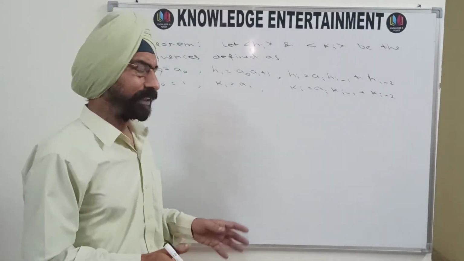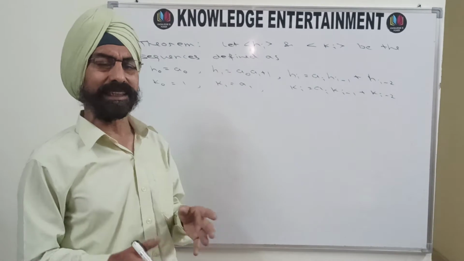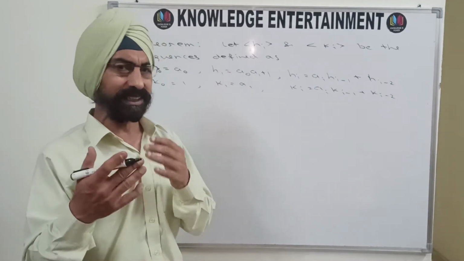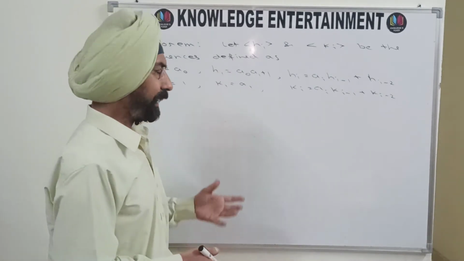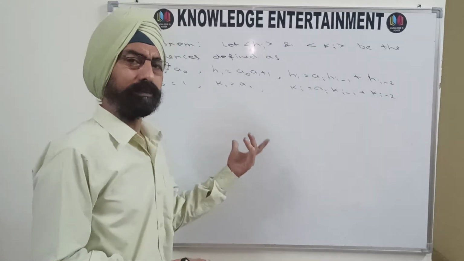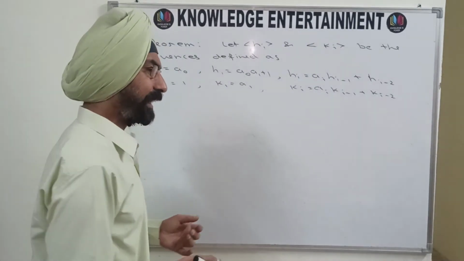In the previous video you have seen that if you define hi's and ki's like this, then cn, the nth convergent, is equal to hn divided by kn. But here we are going to prove some results on these hi's and ki's.